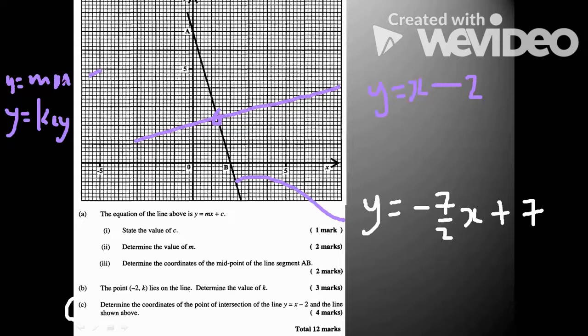Now if y equals mon and y equals key, it means that mon equals key. So if y means one thing and y means the other thing, the two things on the right hand side must be equal. That's what basically I'm trying to say.